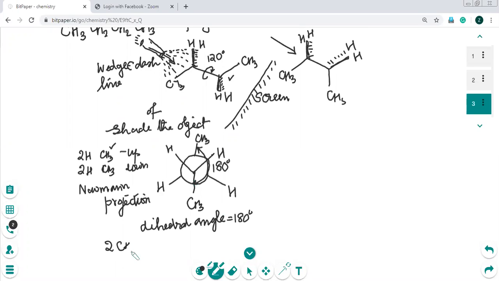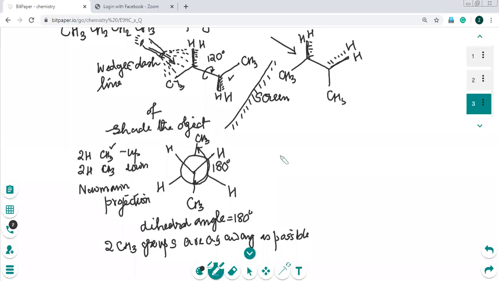The two CH3 groups are as away as possible. But what about this one? See, two CH3s are on the same side. So which groups are on the lower side?